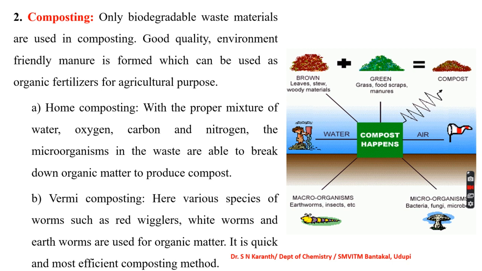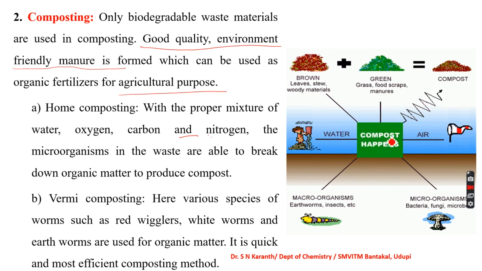So good quality, environment friendly manure is formed, which can be used as an organic fertilizer for agricultural purposes. There are two ways. One is home composting. The other method is vermicomposting.